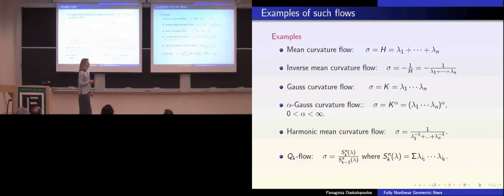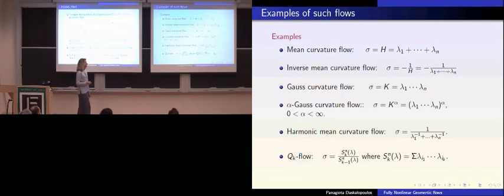And here your speed is the mean curvature, everybody knows it's the sum of the principal curvatures. The inverse mean curvature flow, where you move by 1 over the mean curvature, is the opposite direction. Now the Gauss curvature flow, the classic one of power 1, you move by the Gaussian curvature, which is the product of the principal curvatures, or we can take any power of it.